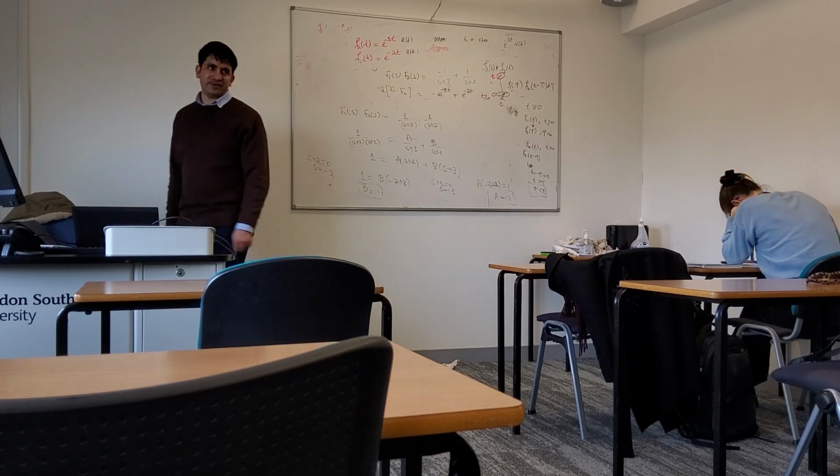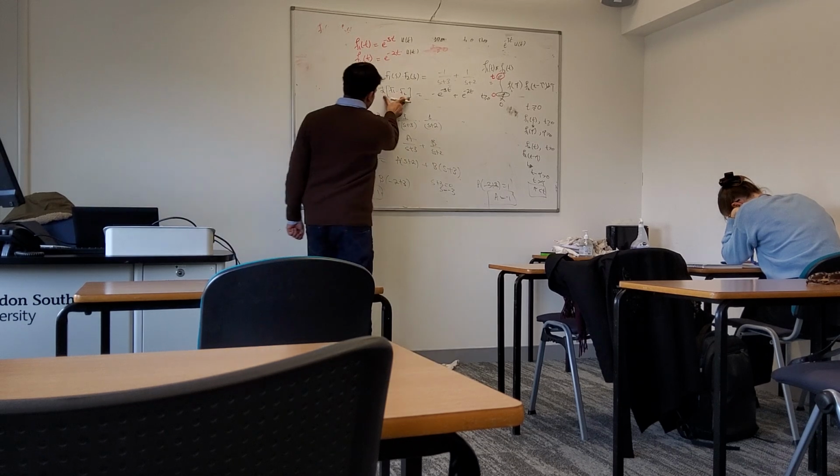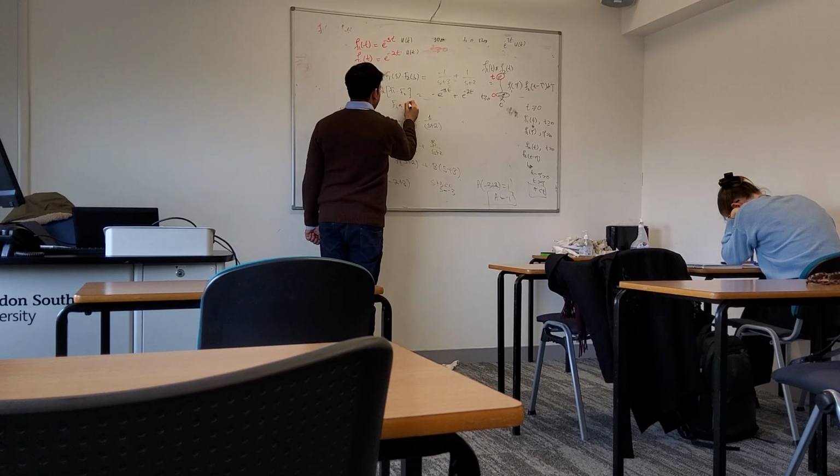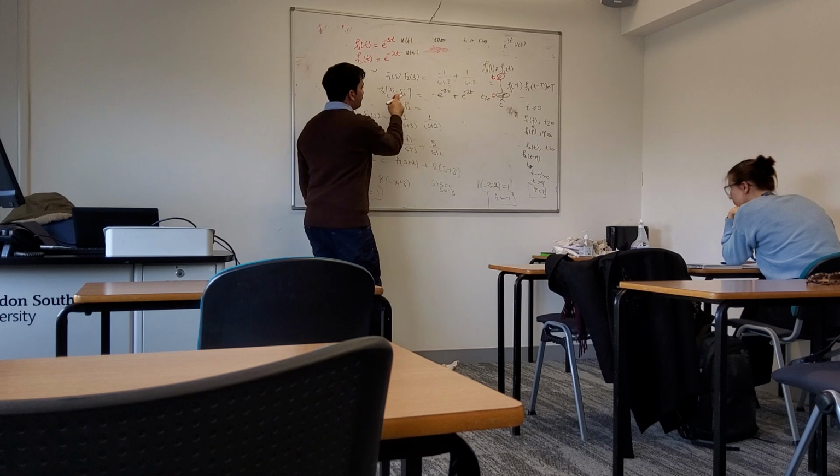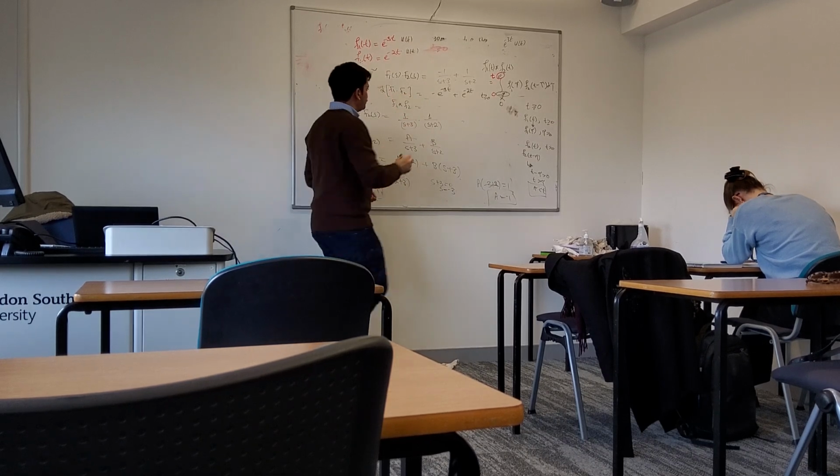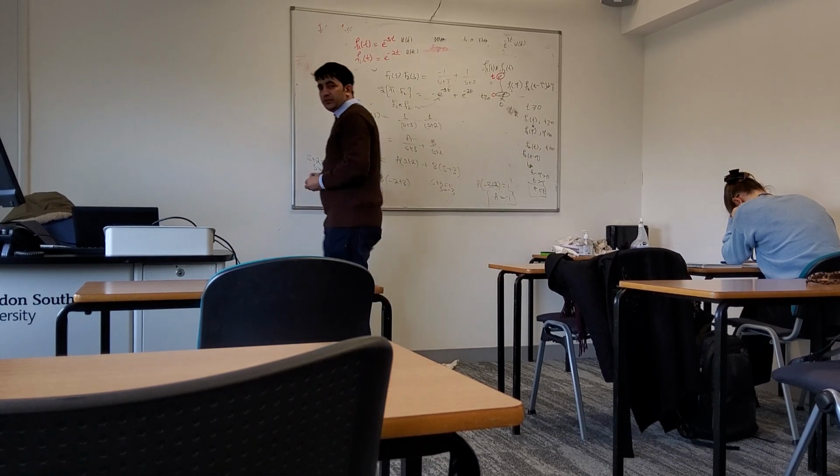Even if you don't write that, it's fine. Okay. So what is this now? This is the convolution, right? Because the inverse Laplace gives us the convolution. So this is your convolution.